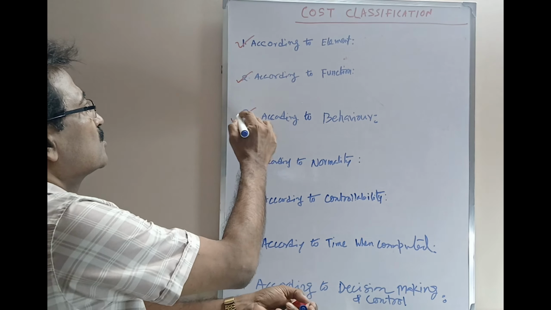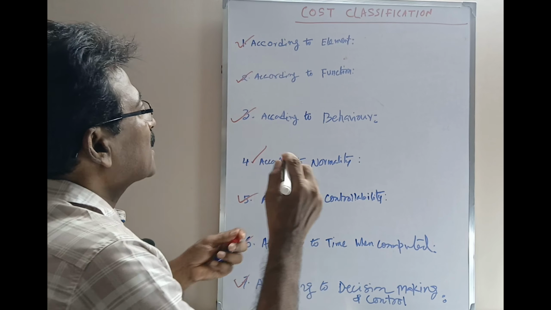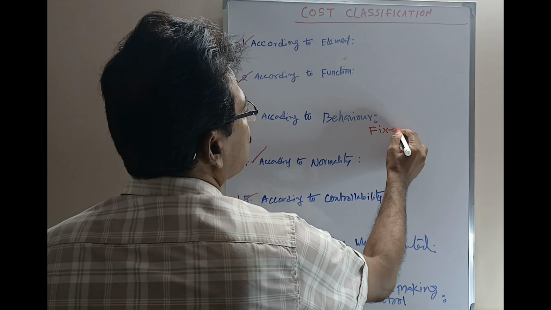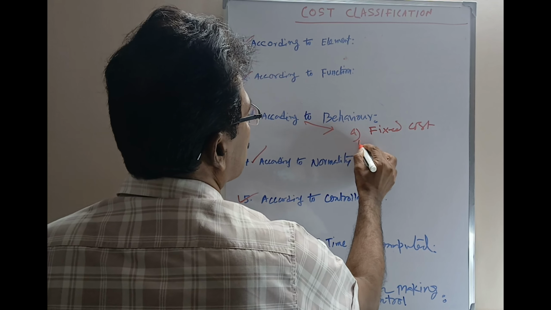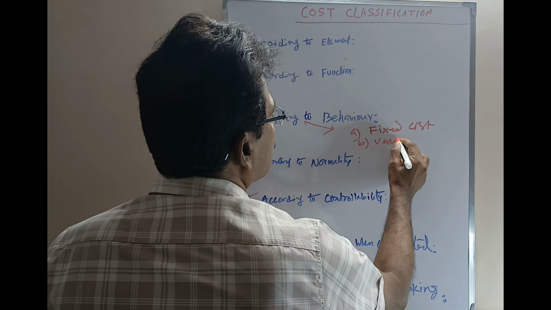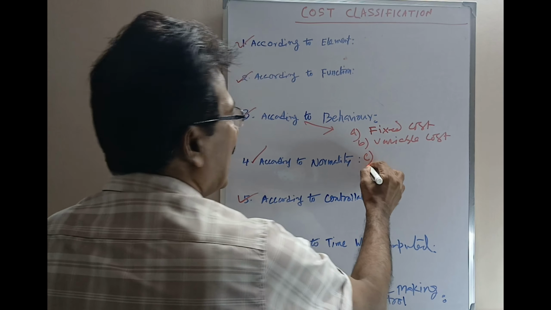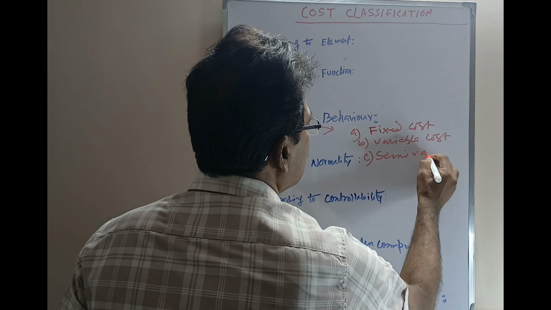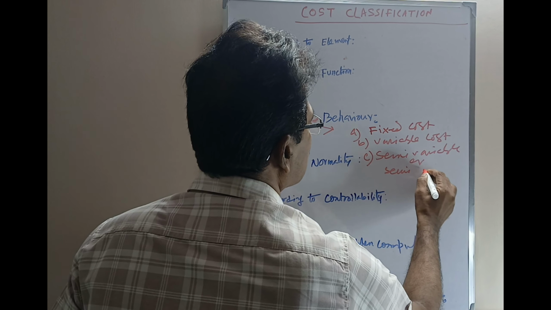Now coming to the third point. According to behavior, costs are classified into fixed cost, variable cost, and semi-variable or semi-fixed cost.